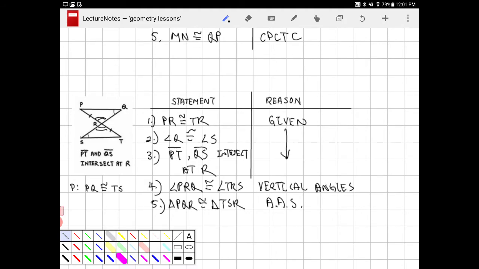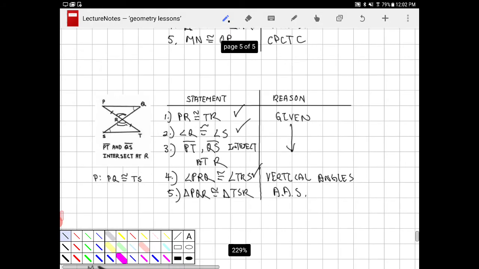So I know that vertical angles are going to be congruent, and because of this vertical angle here, and I have another angle there, and I have another side, we can then, in our fifth line, say it's angle-angle-side.